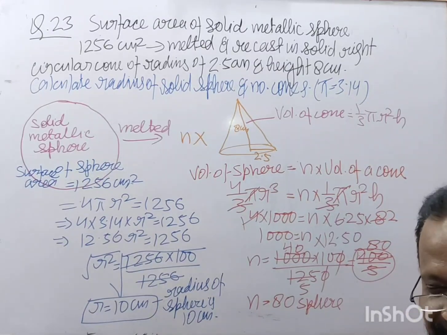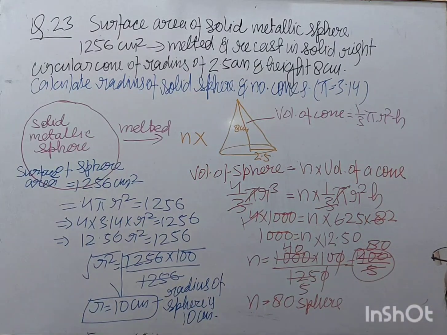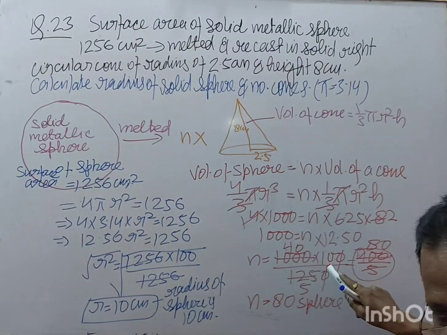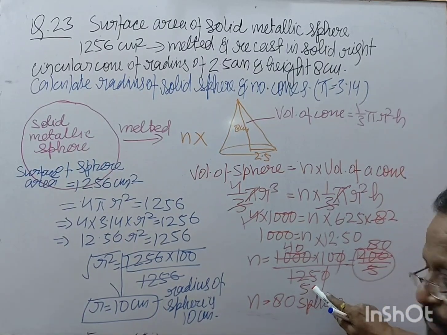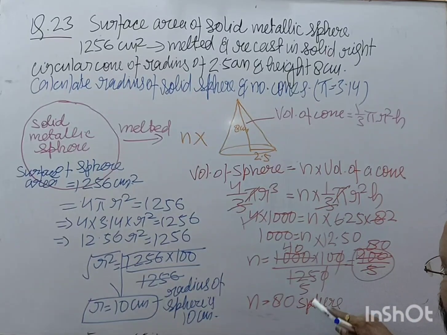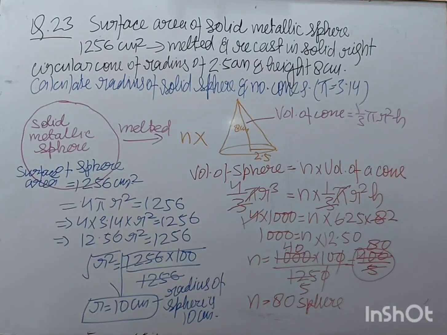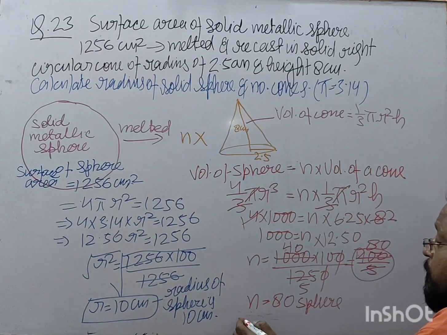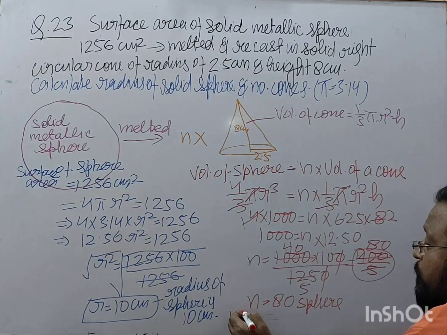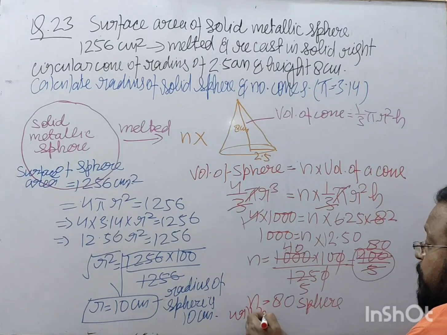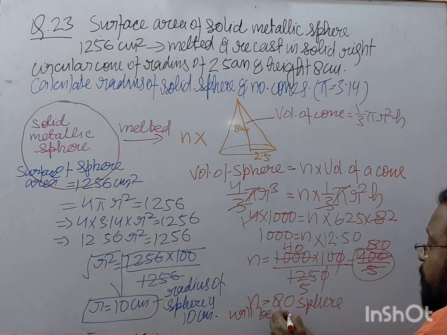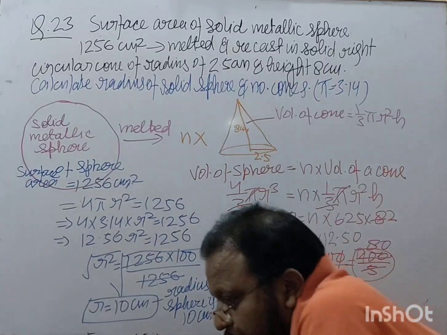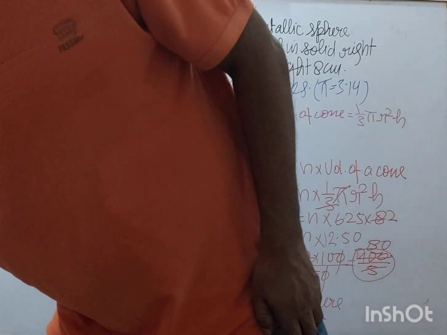But in this, 4 into 100 becomes 400, which must be divided by 5. So 400 by 5 becomes 80. So 80 cones will be formed. Right? This was question number 23.